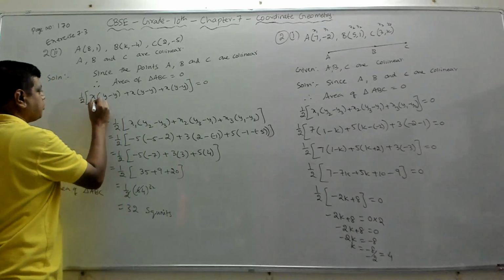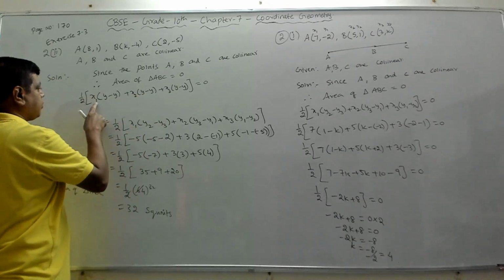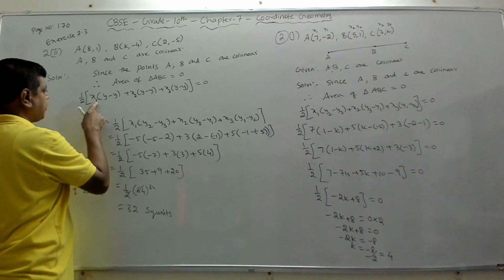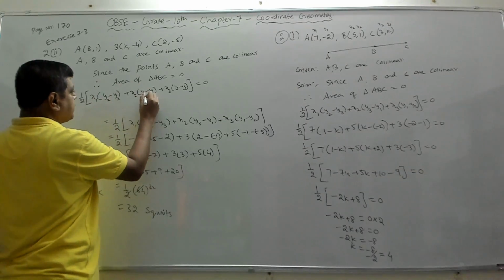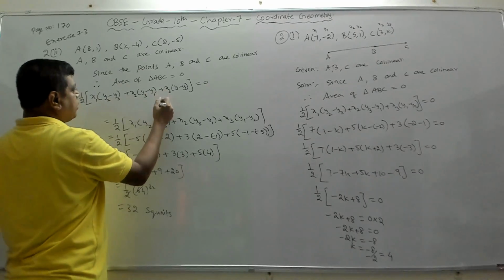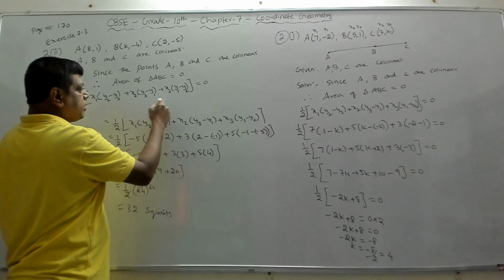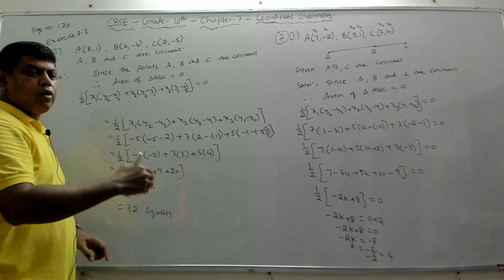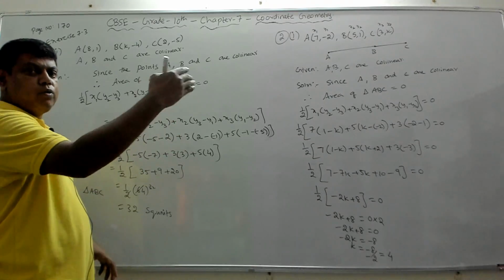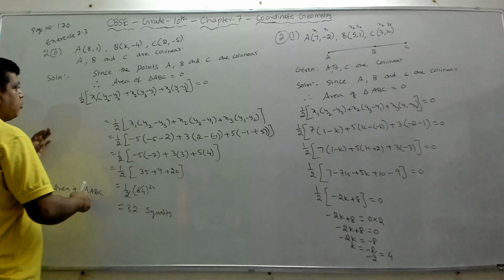So put 1, then 2, then 3, after 3 you have to go back to 1, after 1 it is 2. So you get this formula. You should write it in cyclic order, 1, 2, 3, again 1, 2, 3, like that. Right, now we'll substitute these values.